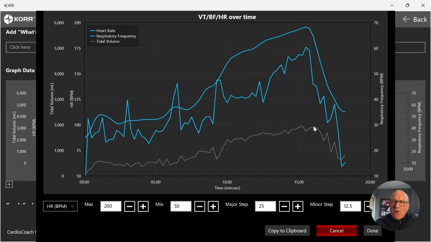And of course, these are all different depending on whether you're testing somebody running or walking versus somebody on a bike. All the values will change with cyclists. The volumes will go higher and the frequencies will go down on average because they're tripoded in: their butts on a seat, their hands on the handlebars.